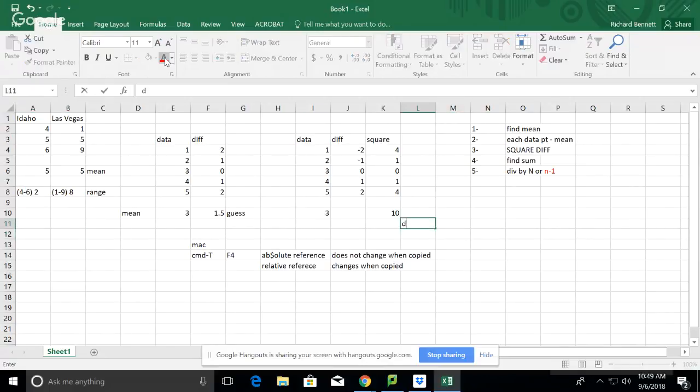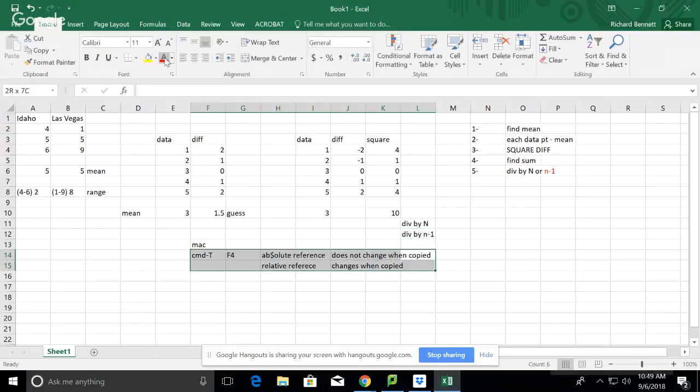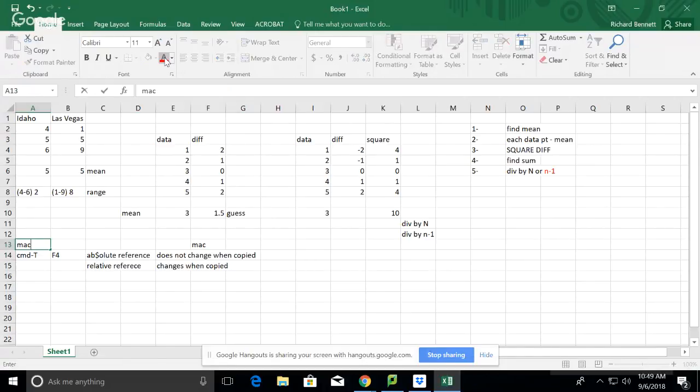Okay, I'm going to divide by n, and I'm also going to divide by n minus 1. So I just want to see what the difference is. Okay, so if I take 10 divided by what, Gentry?